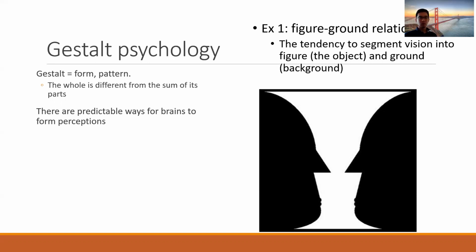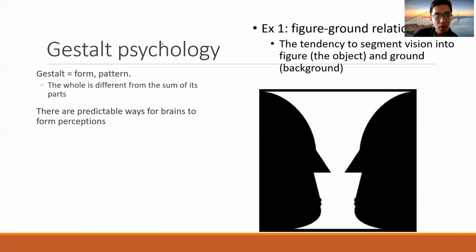Somebody may say, oh, it's a vase. Somebody may say there are two human faces facing each other. They're both right. When you think there is a vase, you segment the white part as the object and the black part as the background.